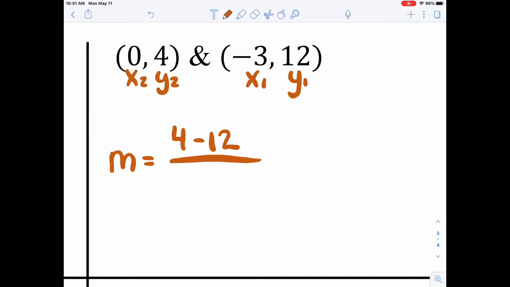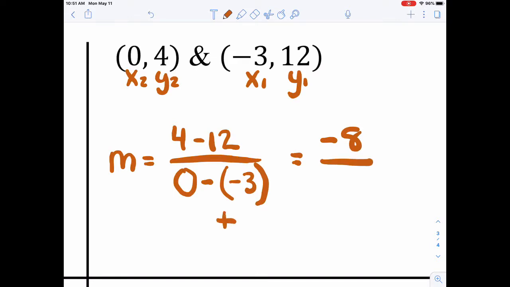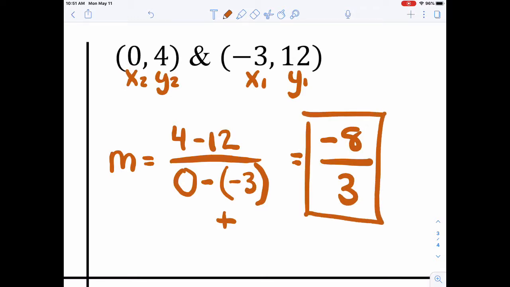So this time it'll be 0 minus -3. So to simplify, I have 4 minus 12, so that's going to be a -8. And then on the bottom here, I have 0 plus 3 technically, which is just 3. So my slope will be -8/3. And again, you can check it the other way and make sure you get the same thing, but I promise you should get this answer, okay?